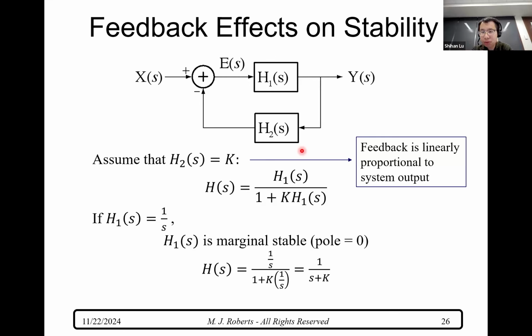This is pretty straightforward. You can check the lookup table for the transfer function of 1 over S. The corresponding signal in the time domain is a unit step function, right?